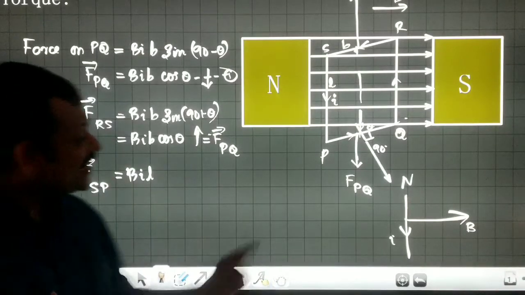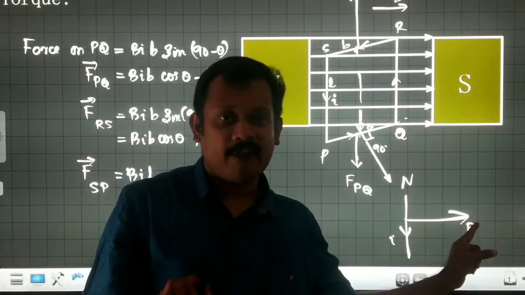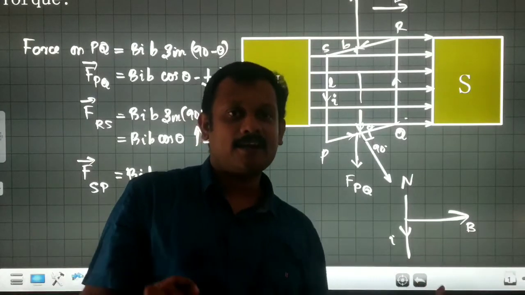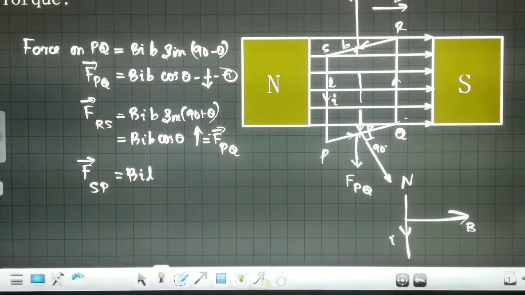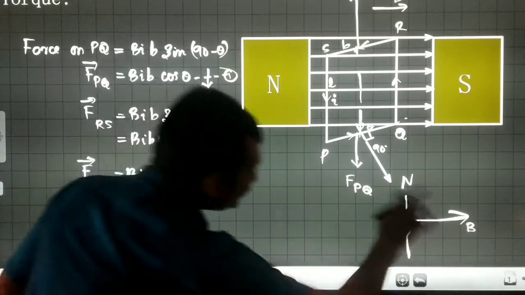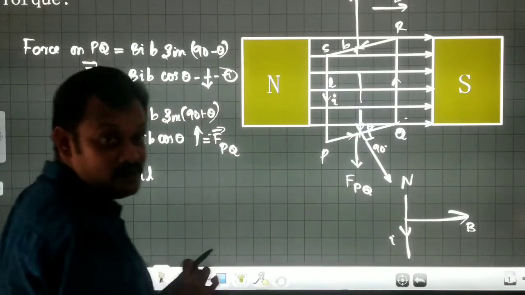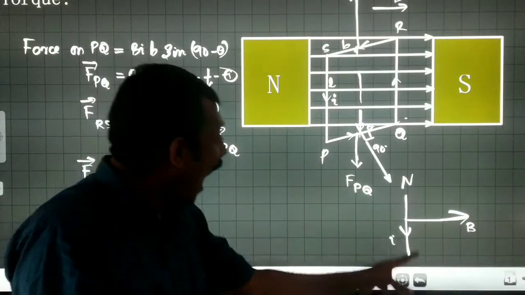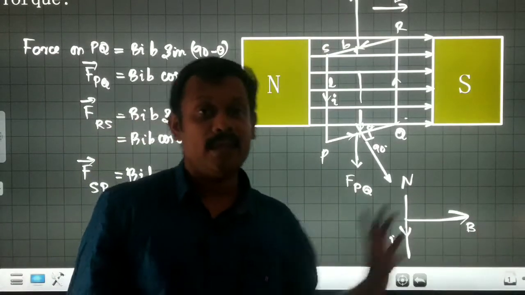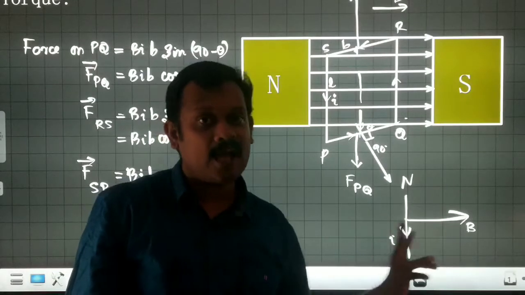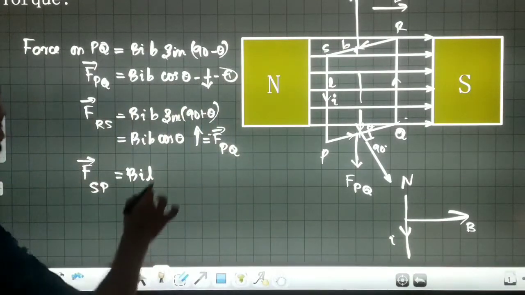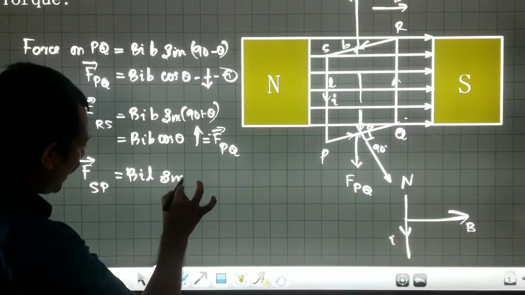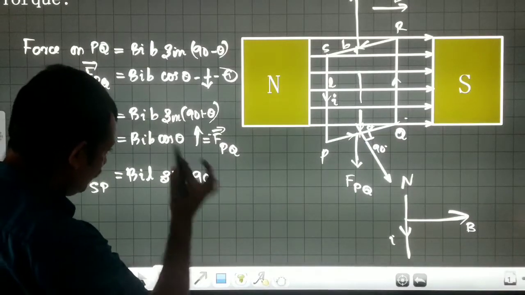What is the angle between the magnetic field vector and the current element vector? You can see from this diagram, what will be the angle? Angle between IL and B. What is the angle? 90 degrees. This is sine 90.